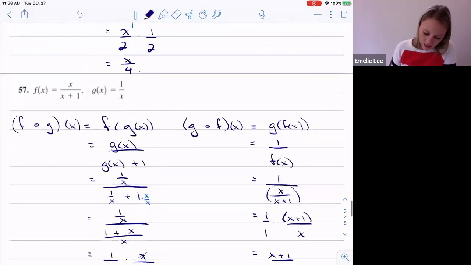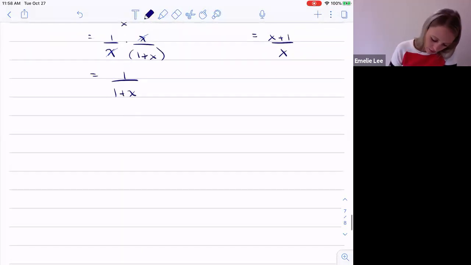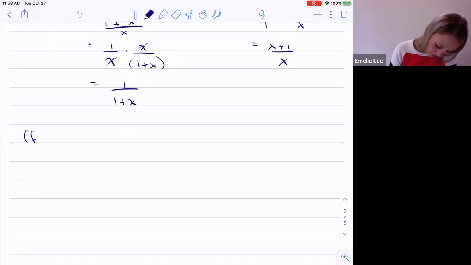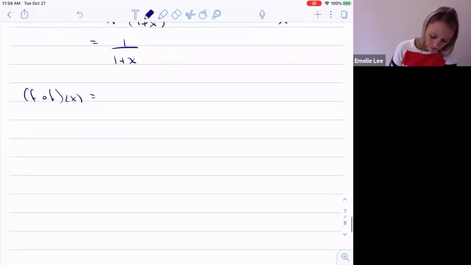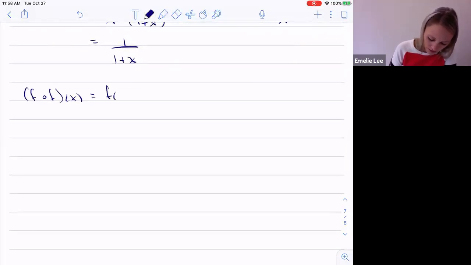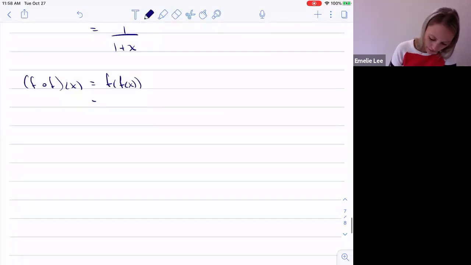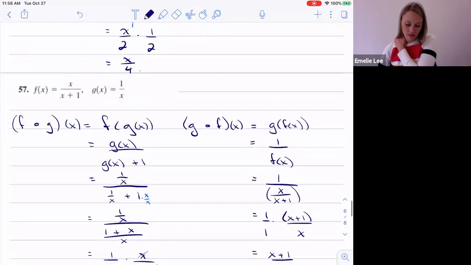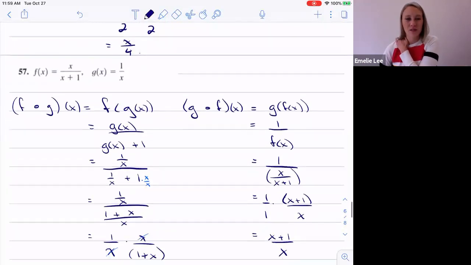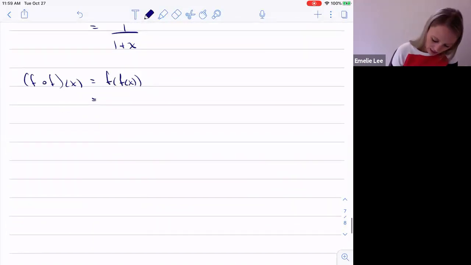What if I wanted to do, or now I want to do f composed with f? F composed with f is just f of f of x. F of x is x over x plus 1. So now I'm going to have f of x over f of x plus 1.